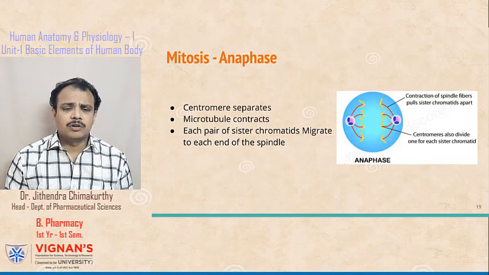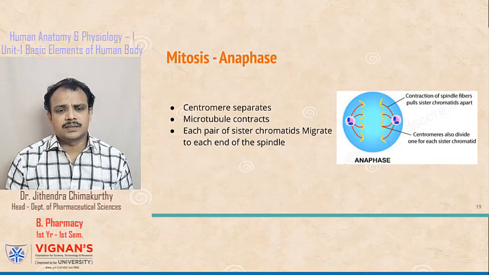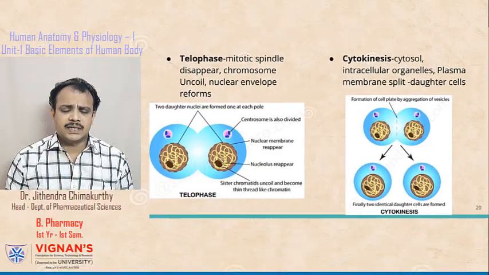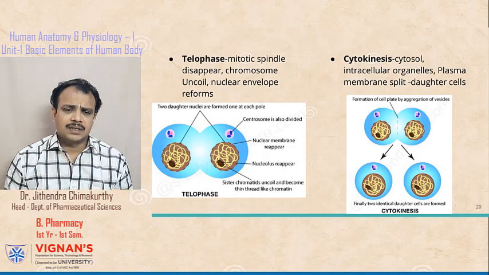This leads to pulling of the chromatids to each end of the cell, and this occurs due to contraction of the mitotic spindles. Whereas in the fourth phase, that is telophase, the mitotic apparatus will disappear and the nuclear envelope also starts to reappear.